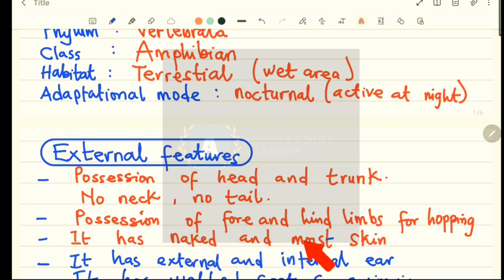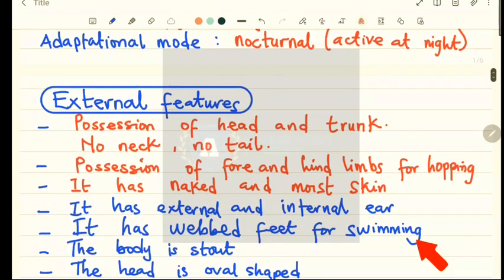It has a naked and moist skin. The skin is naked and also very moistened. It has external and internal ear, the tympanic membrane and the like.